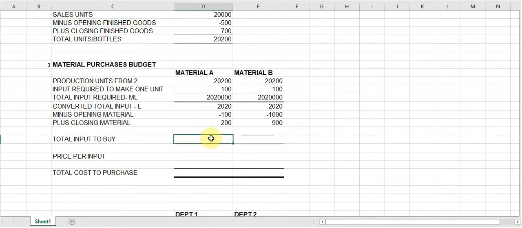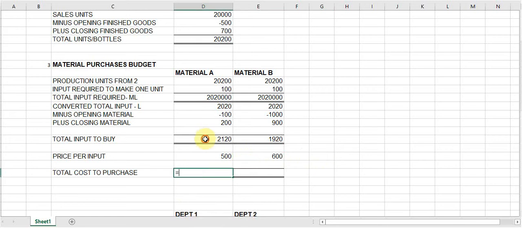Right, now I'm going to get to my total to buy, which is the sum of everything from the converted total to the closing stock. And then I just need to go and fill out the price. I believe the price was 500 Rand per liter and 600 Rand per liter respectively.